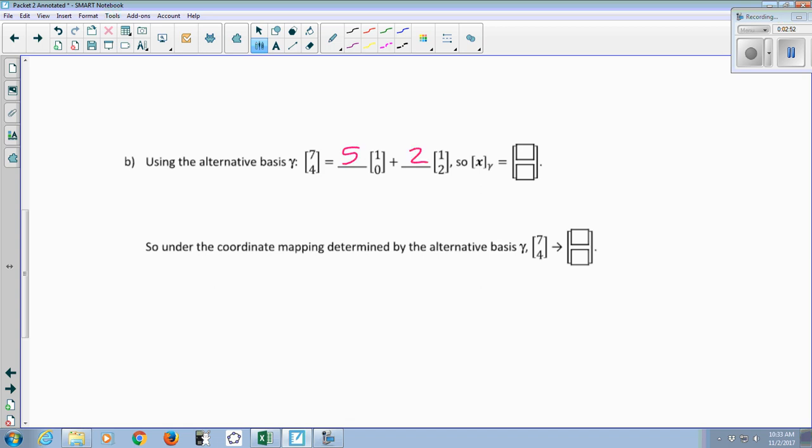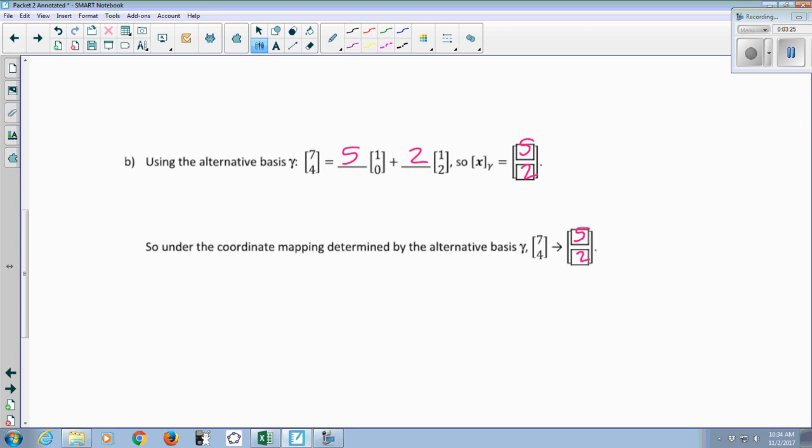So you have 5 plus 2, that gives you the 7, and then 0 plus 4, that gives you the 4. So the coordinates of the vector (7, 4) with respect to the basis gamma are (5, 2). So under the coordinate mapping determined by the alternative basis gamma, (7, 4) goes to (5, 2).